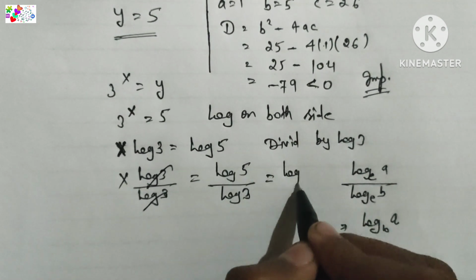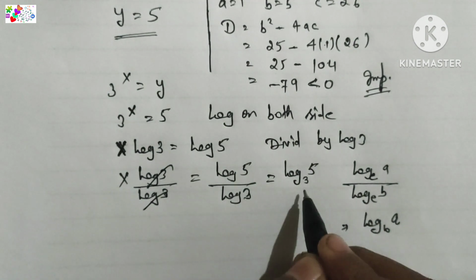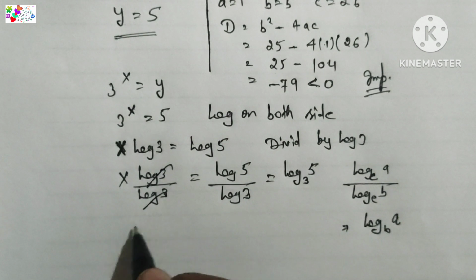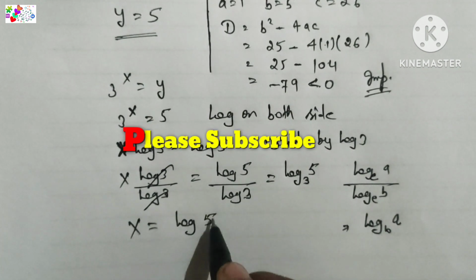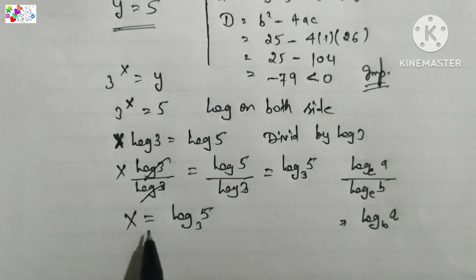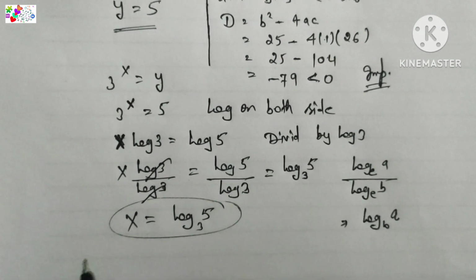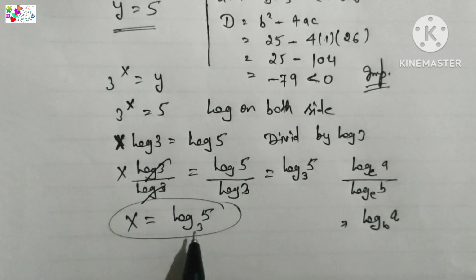So this gives us log 5 base 3, and this cancels, so the x value is equal to log 5 base 3. Now we got the x value, so I will verify the equation with this x value.